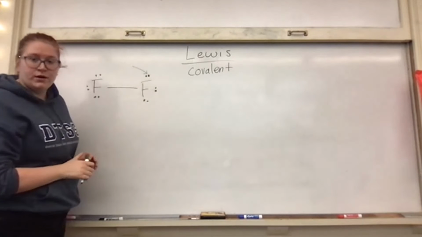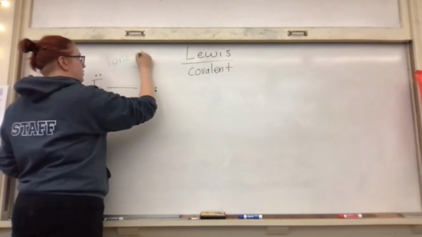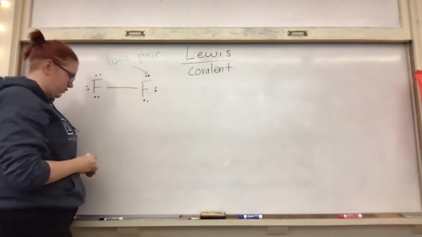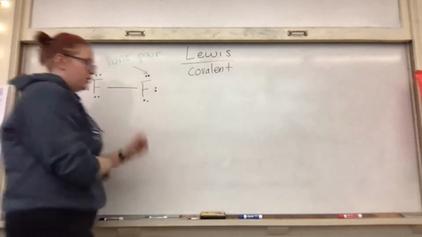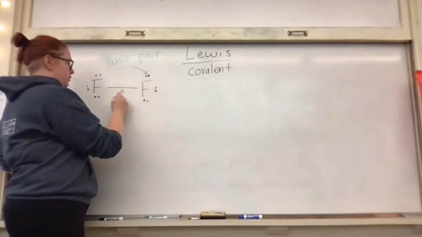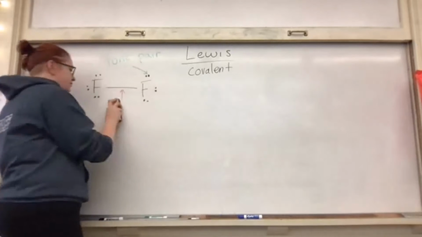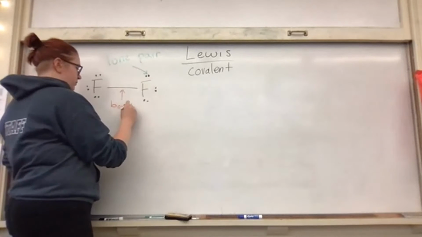The ones that are not involved in bonding are called lone pairs. Oh, that's 2. I forgot. Okay, lone pair. The ones that are involved in bonding are called a bonding pair.